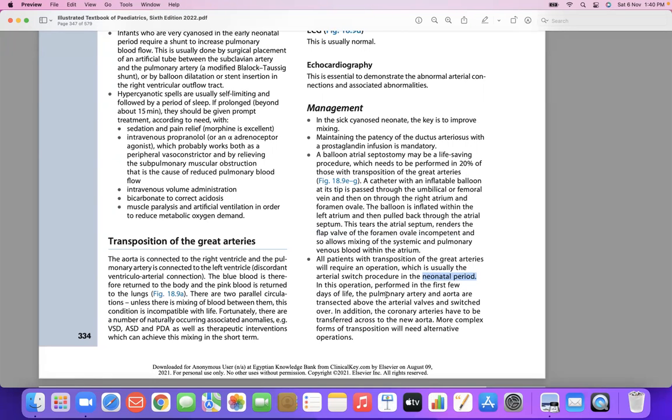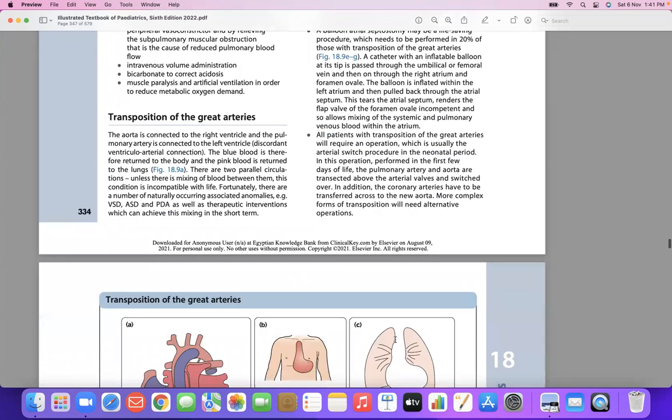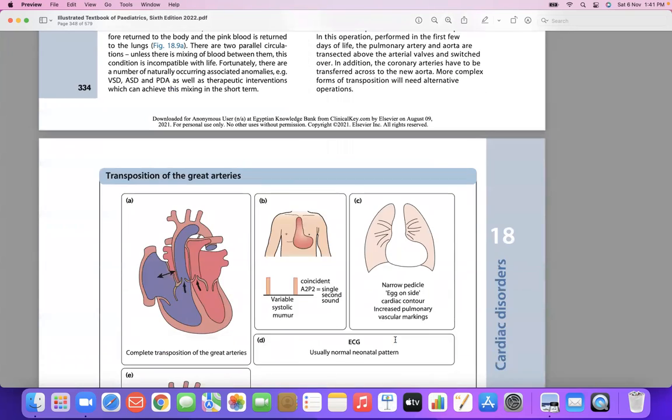In this operation, performed in the first few days of life, the pulmonary artery and aorta are transected above the arterial valves and switched over. In addition, the coronary arteries have to be transferred across to the new aorta. More complex forms of transposition will need alternative operations. We just have to remember simple things only.